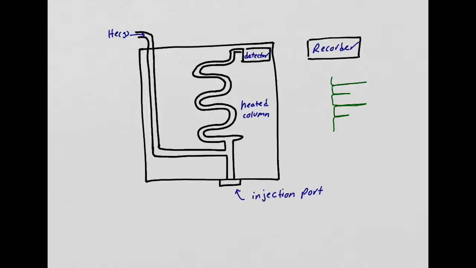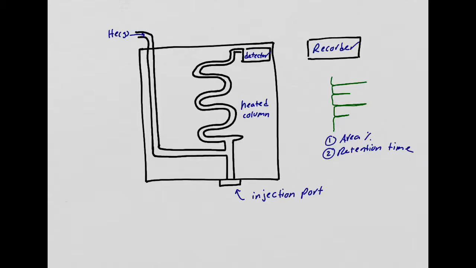Now, these peaks give you 2 pieces of information. The first piece of information is the area percentage. And the second piece of information the peaks give you is the retention time. And we're going to go over what those are later and then how to use them.